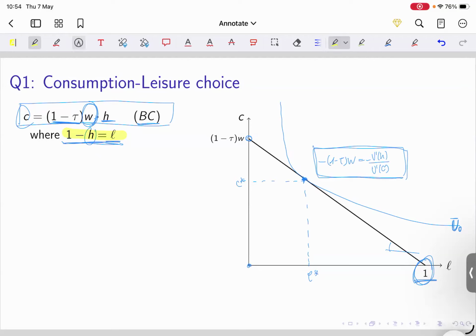Left-hand side, minus 1 minus tau W. This is the slope of your budget line. At this point, the slope of the budget line is exactly the same as the slope of the line tangent to the indifference curve. This is the right-hand side here. This gives you the slope of the line tangent exactly at this point. The same you would have, obviously, at any other point.